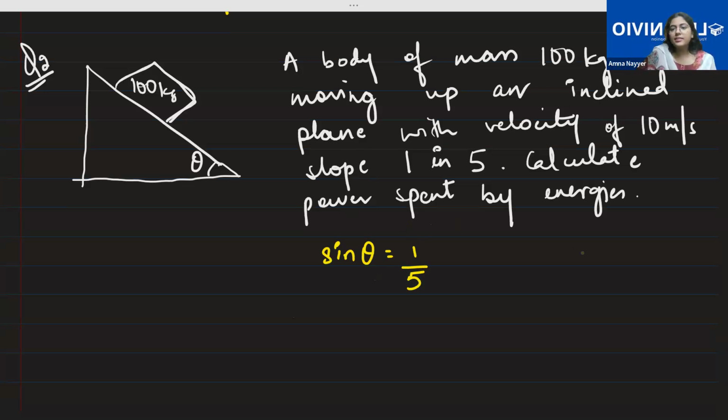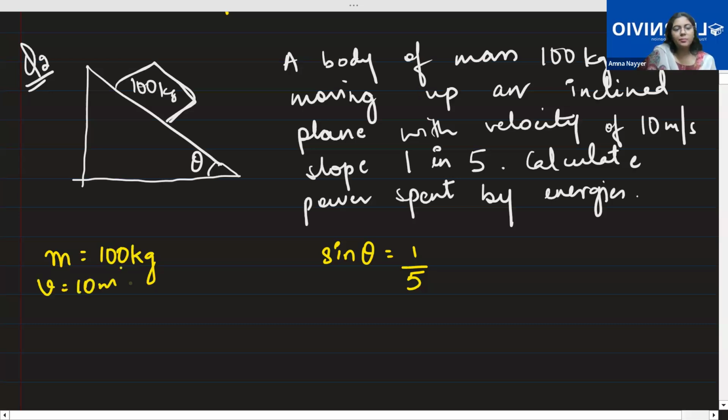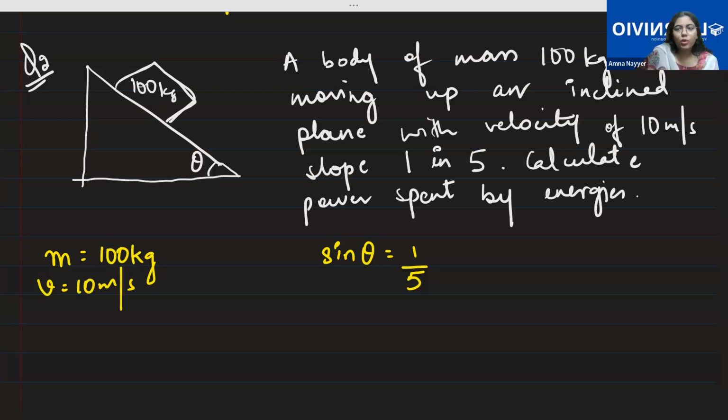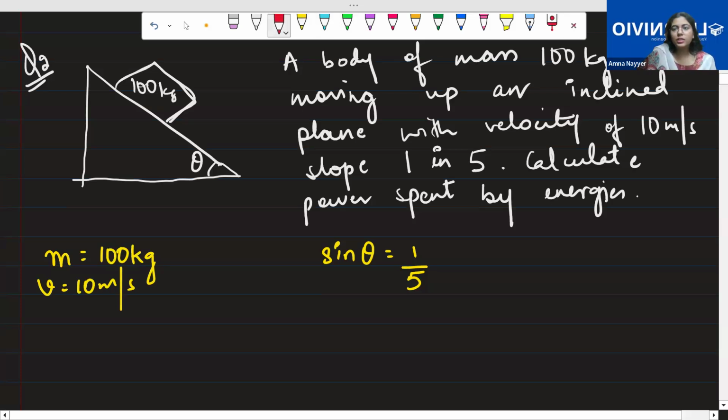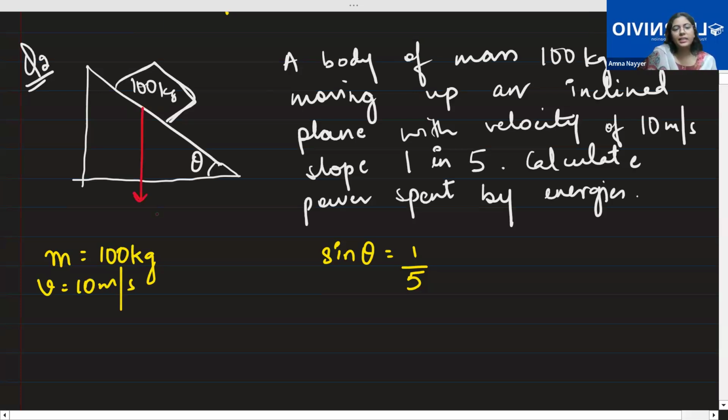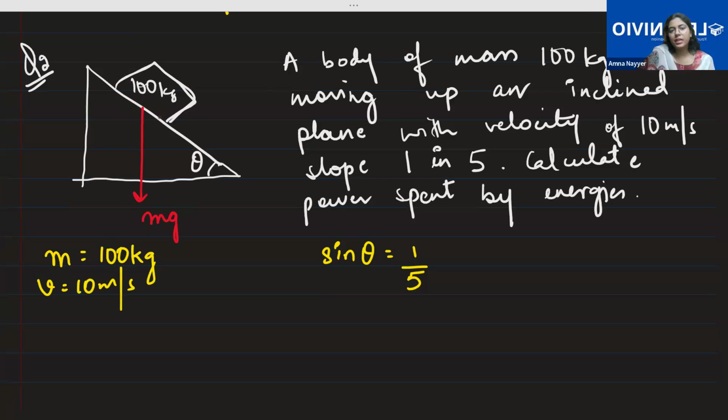We need to calculate the power spent. Mass is given as 100 kg and velocity in meter per second. Now see, what all things will be acting? Downwards, we have the weight of the body, mg, acting.